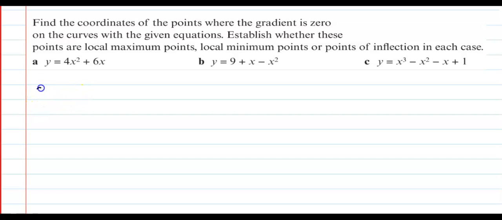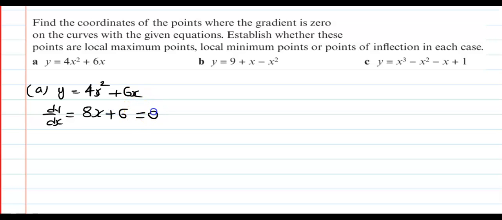So here the a part is y equal to 4x square plus 6x. If we differentiate, dy over dx will be 8x plus 6, and then you put it equal to 0. You will get x equal to minus 6 over 8, and if you simplify, it will be minus 3 over 4.